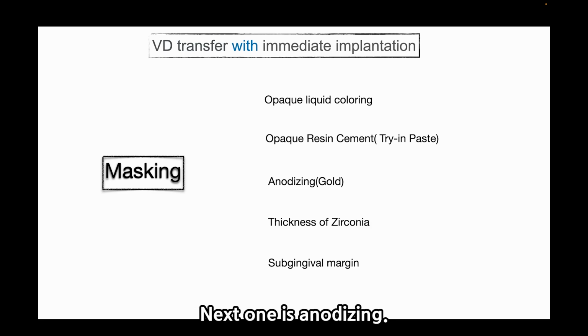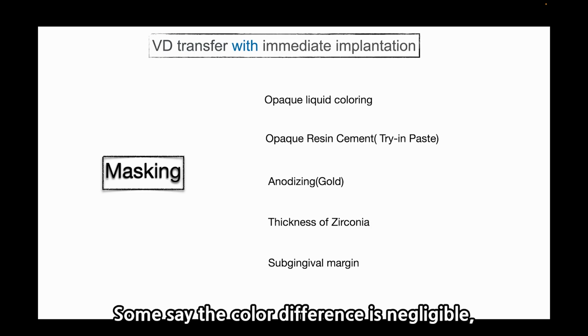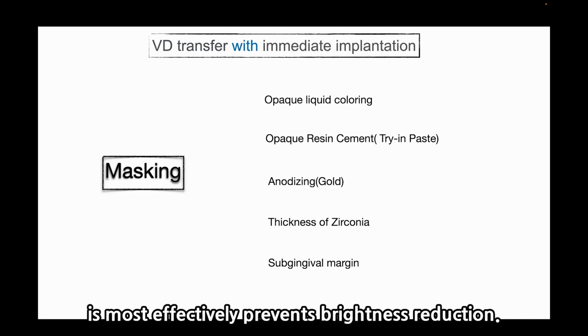Next is anodizing. Anodizing can change the color of the titanium abutment depending on the voltage used. There are so many studies about anodizing and color change. Some say the color difference is negligible, but it's generally known that gold color most effectively prevents brightness reduction.